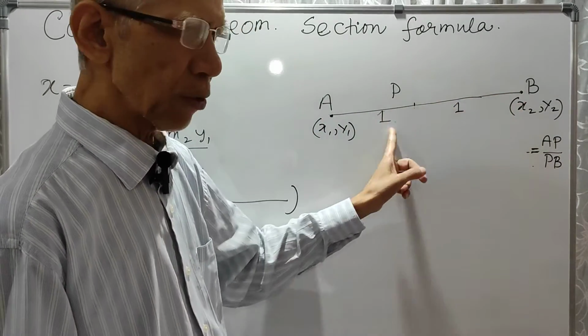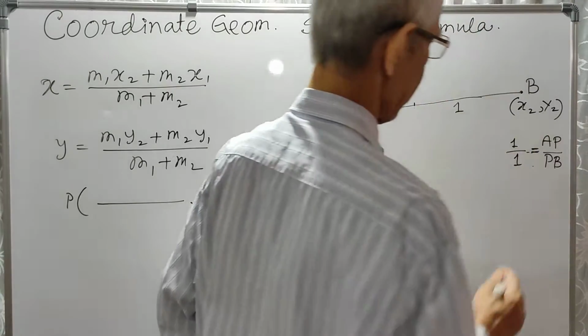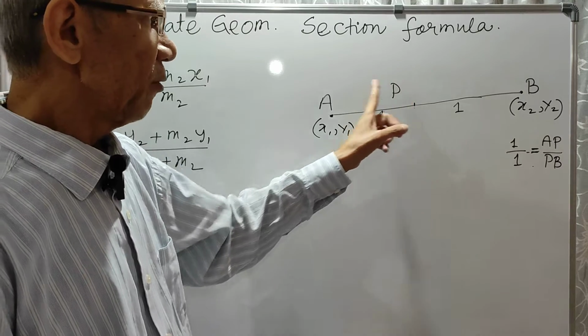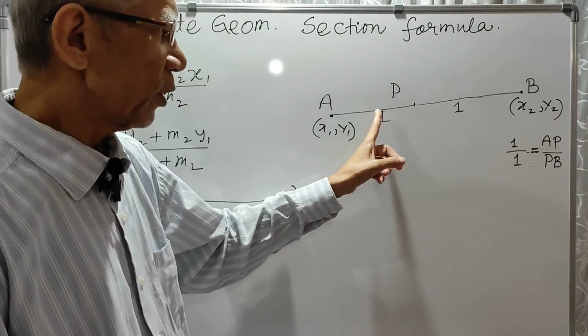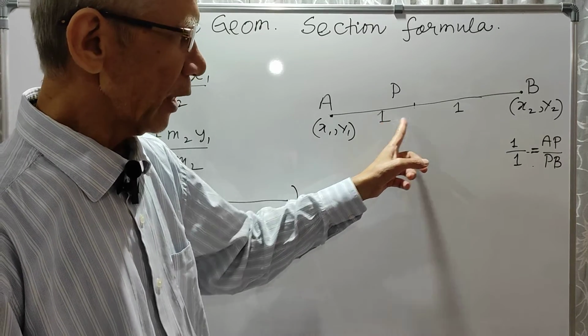That means we can call them 1 and 1, so the ratio is 1 to 1. So, if P is a midpoint, P divides AB in the ratio 1 is to 1. That means m1 is 1 and m2 is also 1.